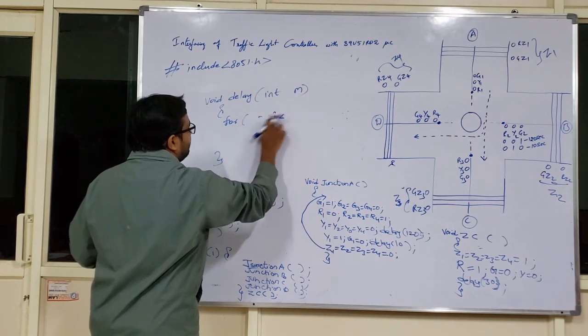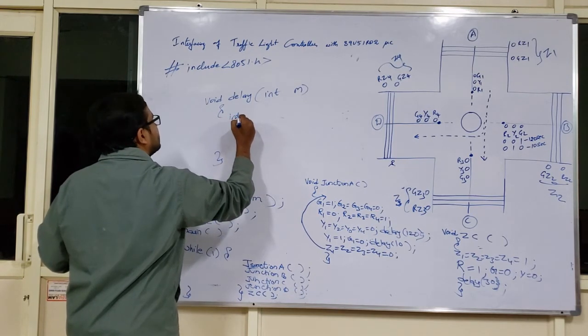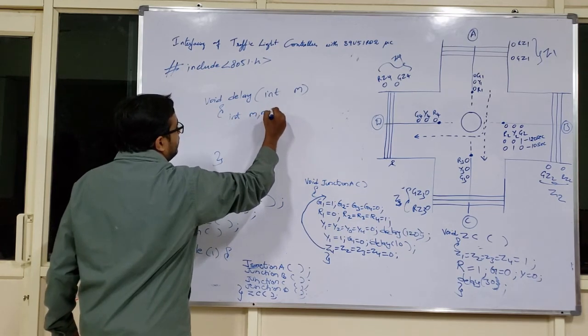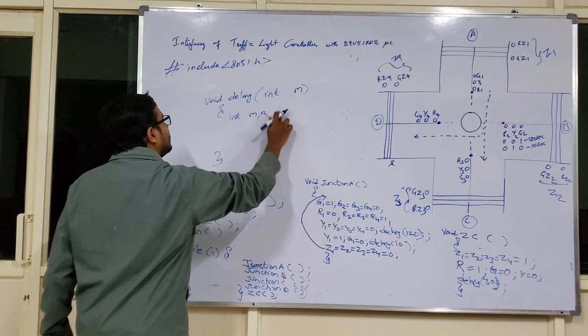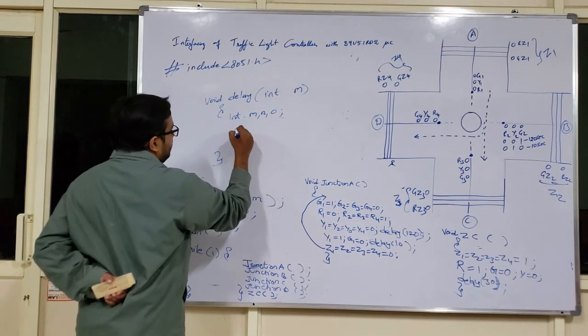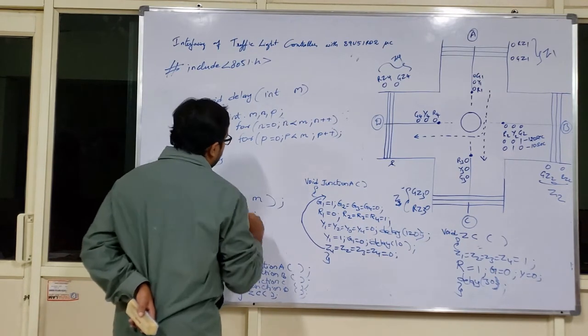Of course it is an int variable, and it is your job to define it, like int m, n, l. And for the other loops I take the variable as 1, semicolon, and this is my close bracket.